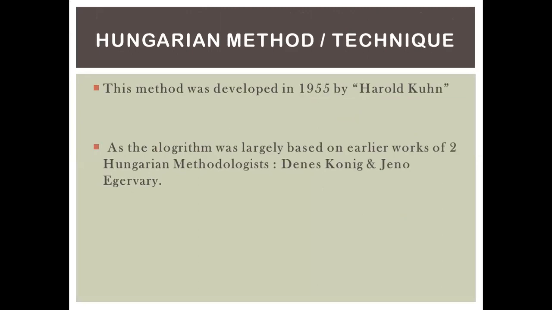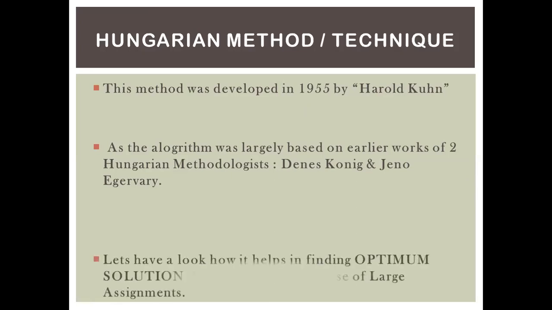That is why the technique has the name Hungarian method, because Mr. Harold was the first one who followed and used this technique in finding the best optimal solution for a given problem. So let's have a look at how it helps in finding the optimum solution for assigning jobs in case of large assignments.